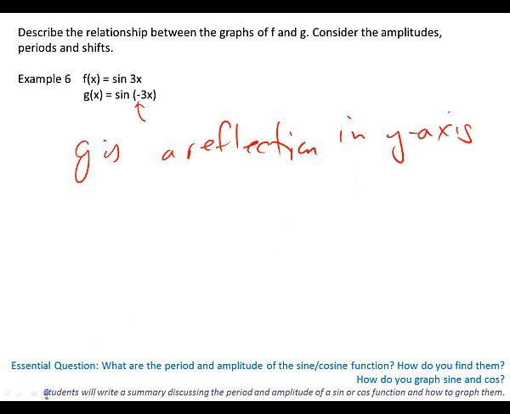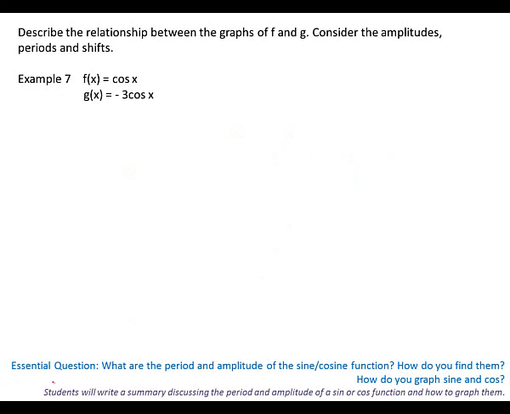All right, let's talk about the next one. What's different? What are the two things that are different? Negative and what? The 3, right? And the 3 is going to do a kind of a shrink or a stretch, right? But we're going to talk about it in terms of amplitude for trig, okay?